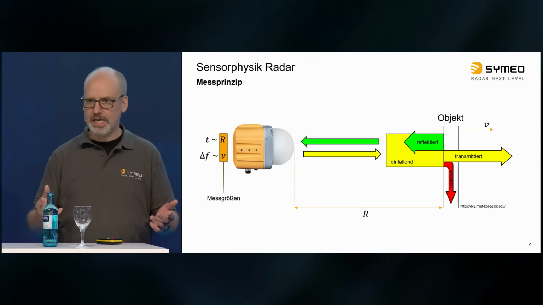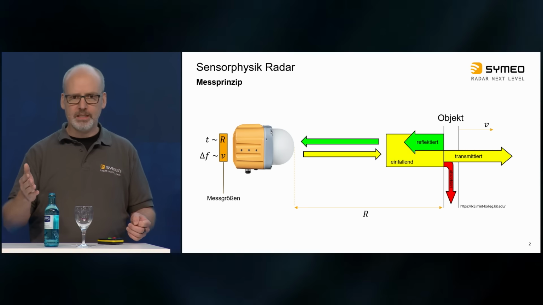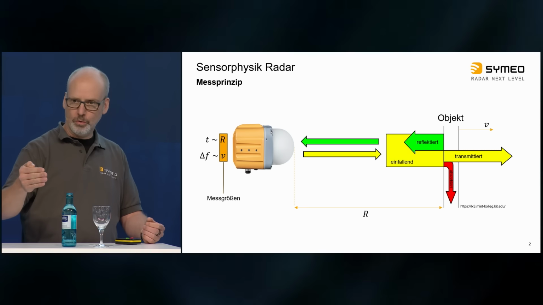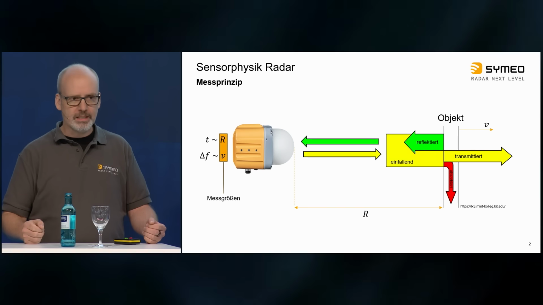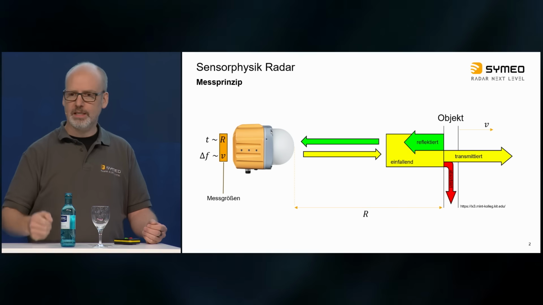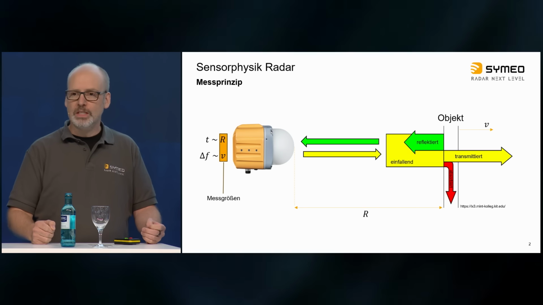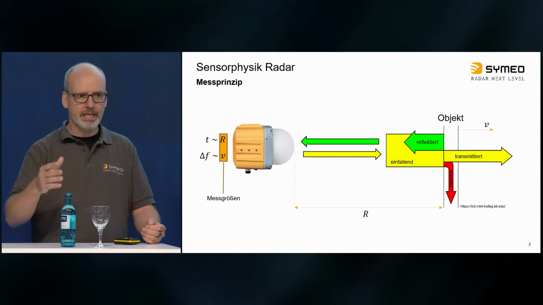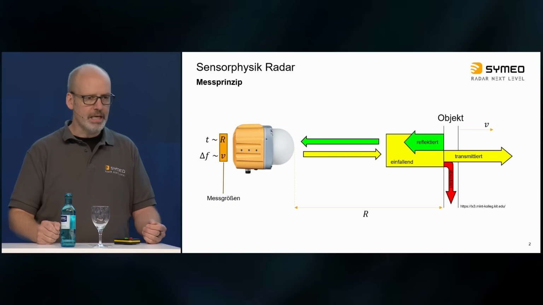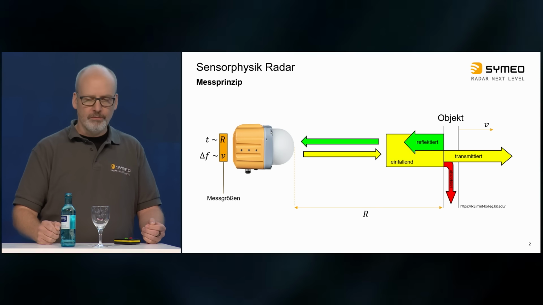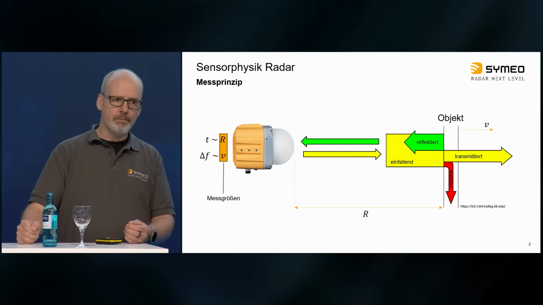It is received again, and the signal is processed. A part of the signal goes through the objects. For instance, with a plastic object, large parts of the radar signal go through, part is absorbed, so that we get back different quantities of received signal that we can use for evaluation.